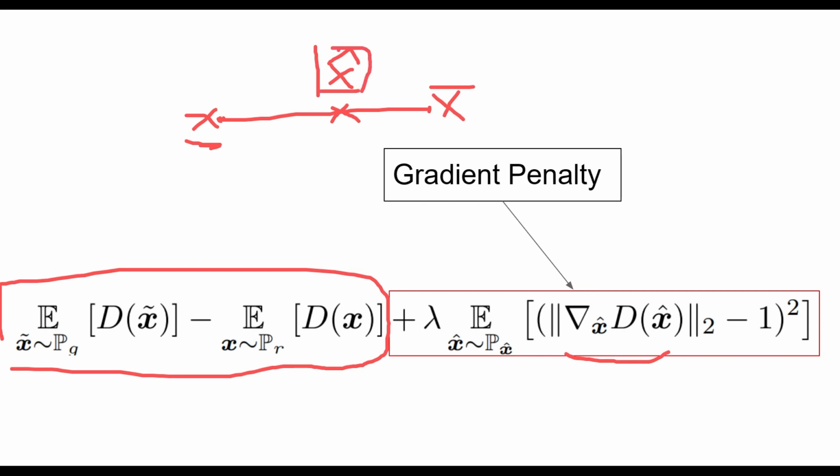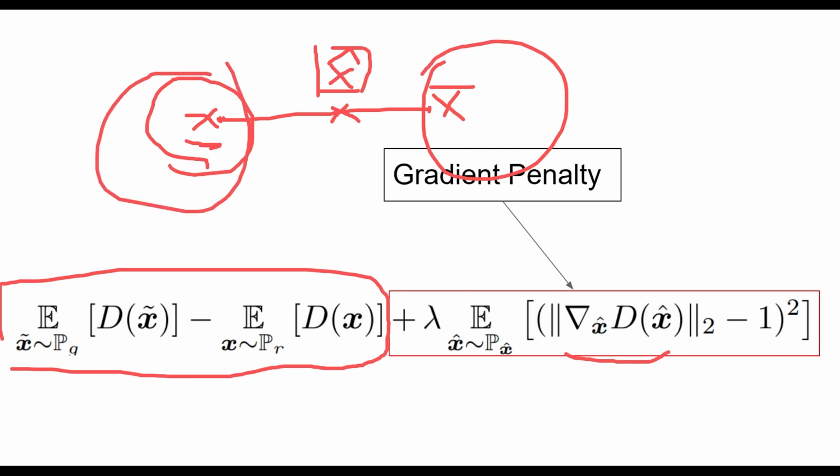So why pick this one? Because we know that we don't have to enforce the Lipschitz condition on the whole domain. We only need to enforce it on the domain that we care about. So what is the domain that we care about? Obviously, anything near the true data is important. And we imagine that this one is fake and this one is the real data.